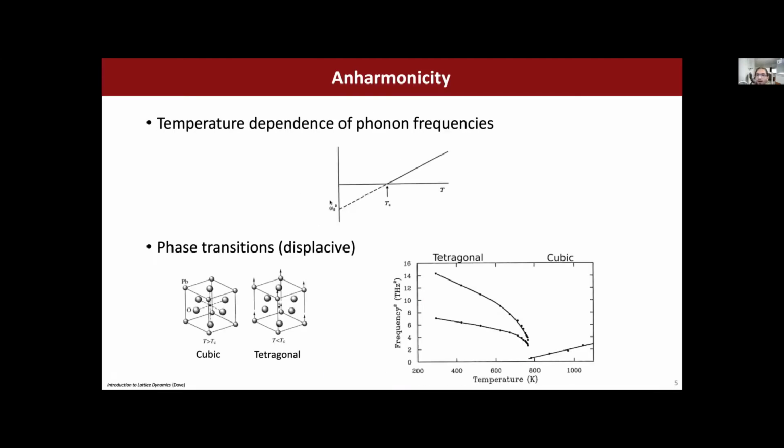Another effect which we want to capture is that phonon frequencies actually depend on temperature in two different ways. One is explicit dependency. Here, as an example, you have a soft mode, and omega squared is plotted against temperature. As you can see, it has a linear dependence on temperature.